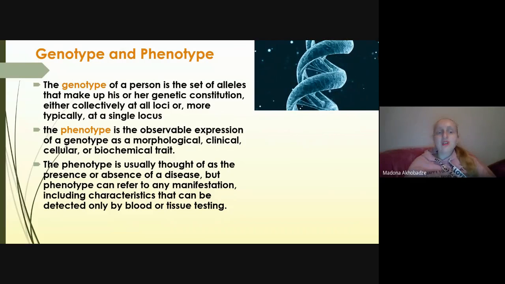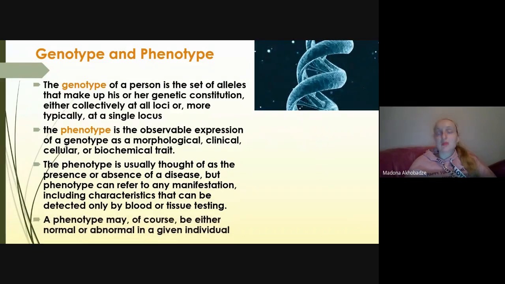It could be referred to as a manifestation of the clinical features, including characteristics that can be tested only by blood or tissue testing or by morphological observations. A phenotype can of course be either normal or abnormal, depending on the given individual.